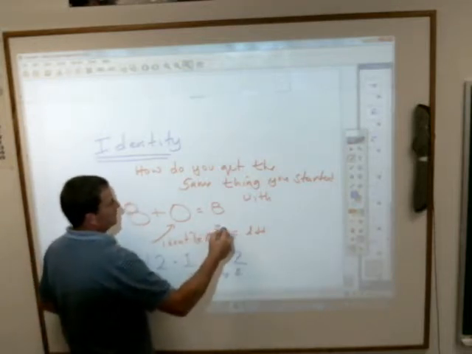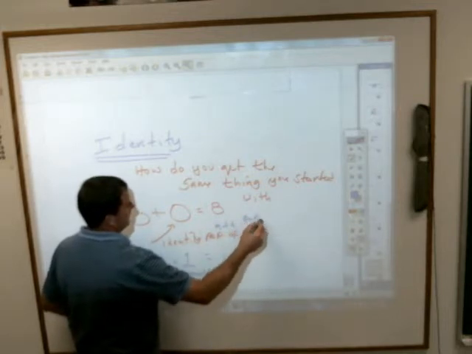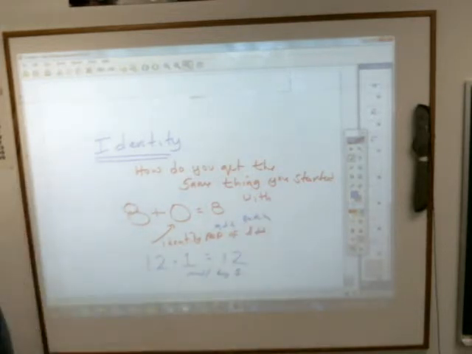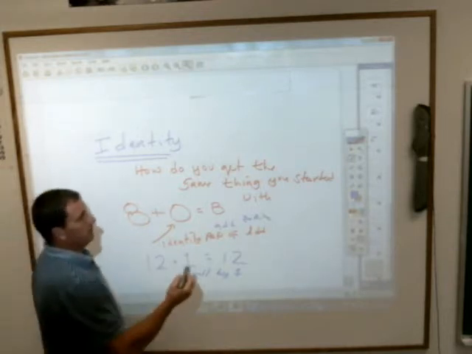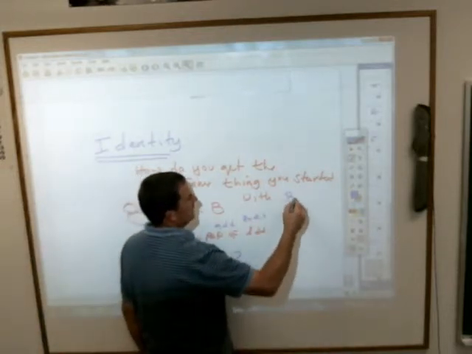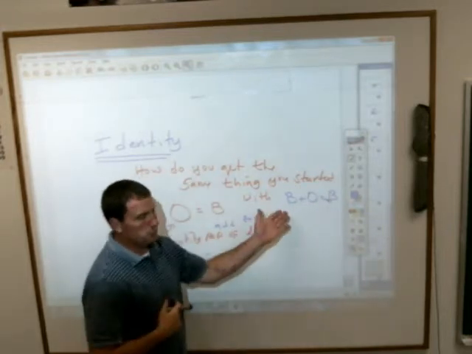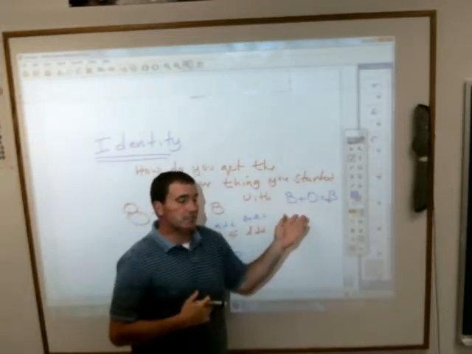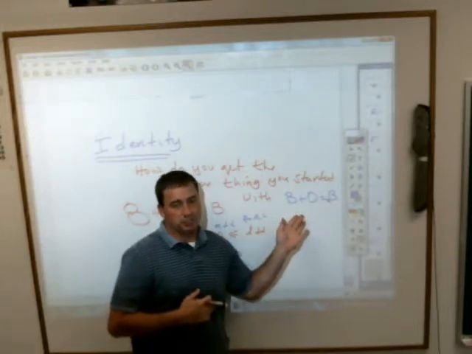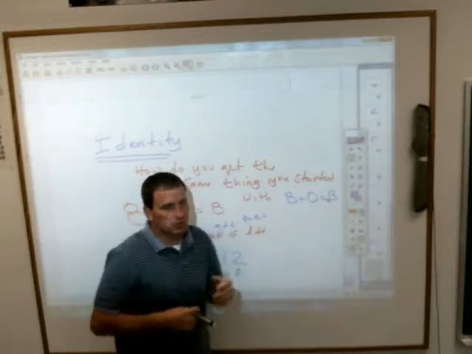Here, you add 0. And by the way, it doesn't have to be a number, it could be a letter. I could say b plus 0 equals b. If I asked you to tell me what property that is, you would just say that's the identity property of addition. That's all it's going to be.